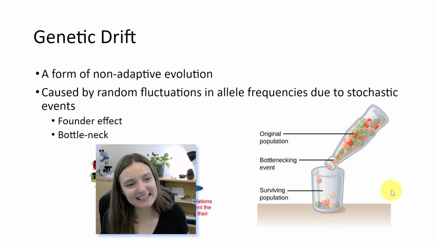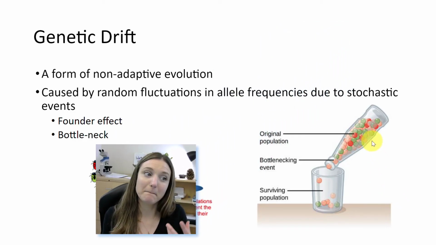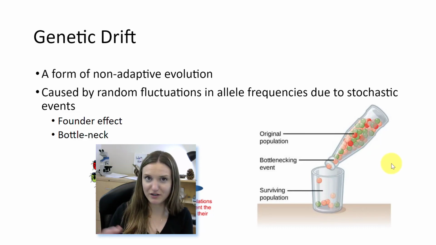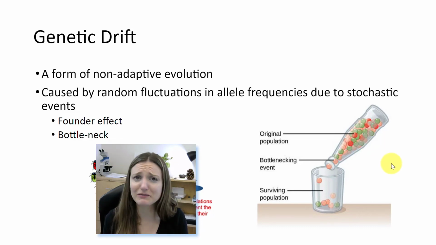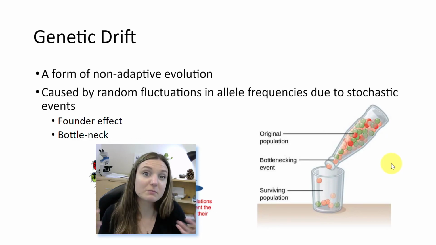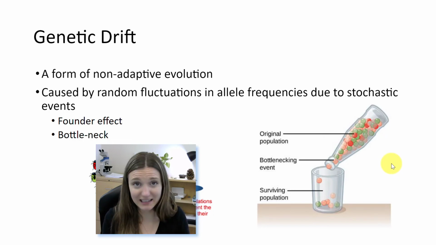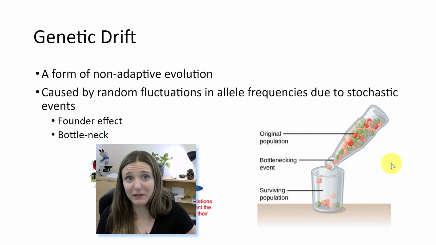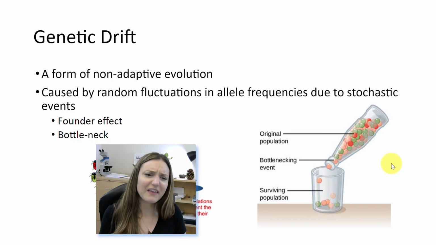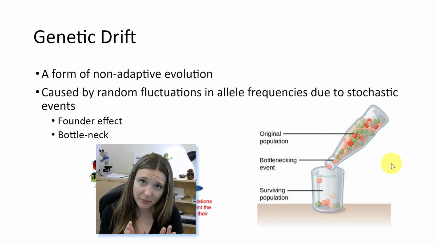Related to this idea is bottleneck events. So if our original population has a wide diversity, many different alleles for a specific gene or genes, many different forms of a trait, bottleneck events are usually some sort of random stochastic event, meaning it's completely random, like a forest fire blowing through or a flood, that significantly decreases the population.